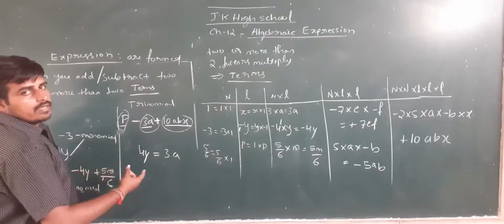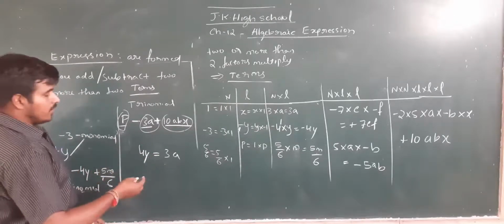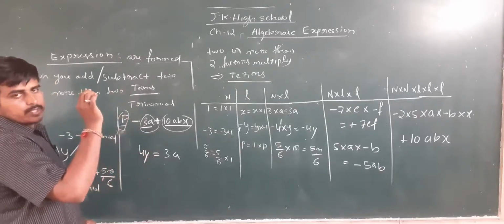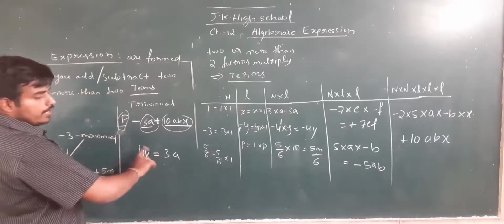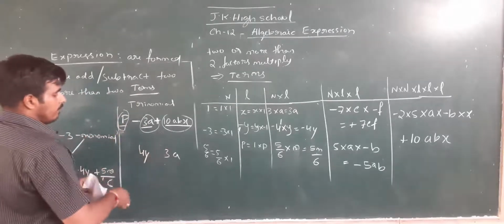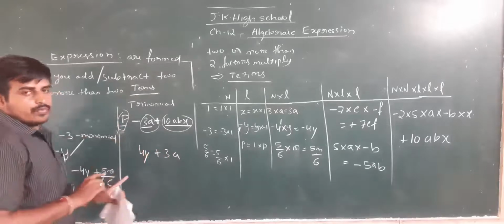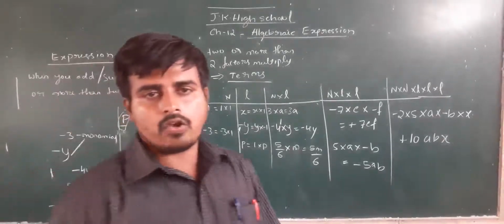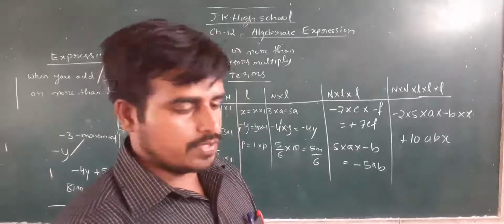It will be no longer an algebraic expression. 4y is one algebraic expression, 3a is another algebraic expression, and with an equality sign in between these two, it is known as an equation. But if it is a plus here, it is an algebraic expression. That is, in the algebraic expression, it is a binomial because it contains 2 terms.